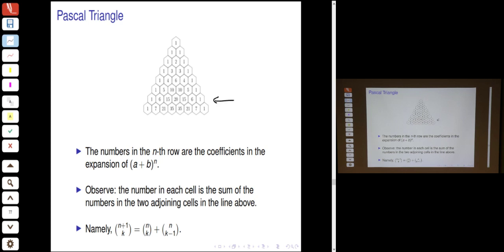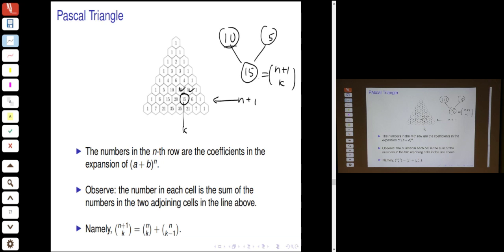Imagine this is the n plus 1 row, and this is the k's position. We said this number comes from the 10 and the 5, which is this and that. Its position is n plus 1 choose k.